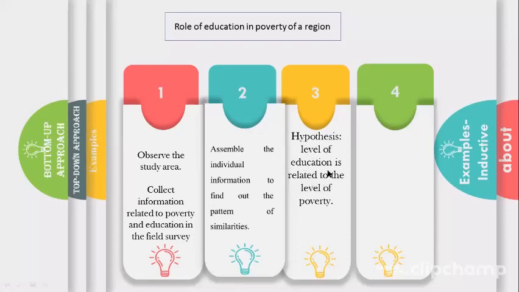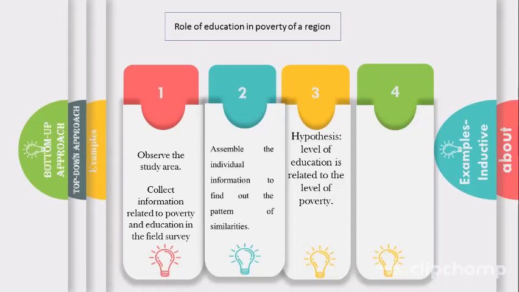Now, read this hypothesis carefully. The hypothesis is: level of education is related to the level of poverty. Nowhere does the inductive researcher say that this is inversely related, negatively related, or positively related.